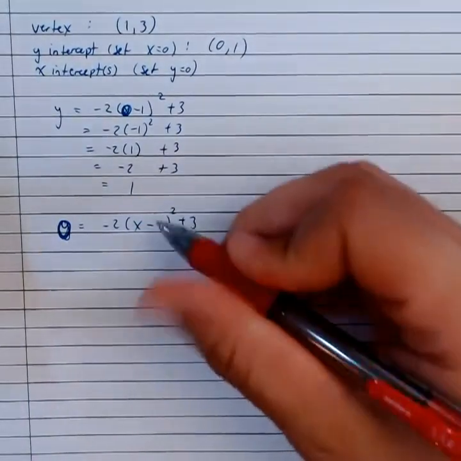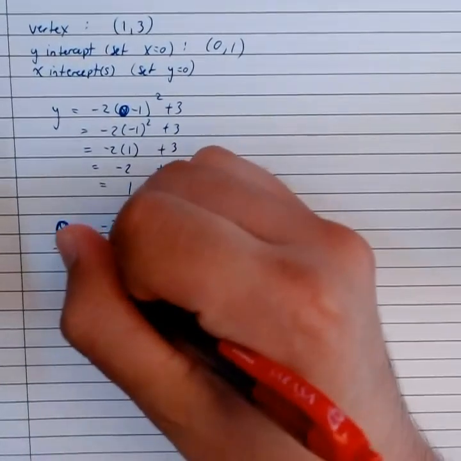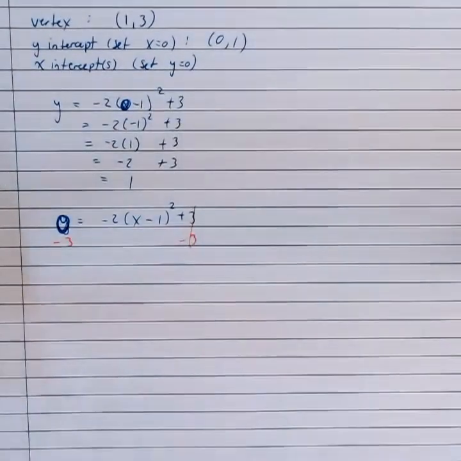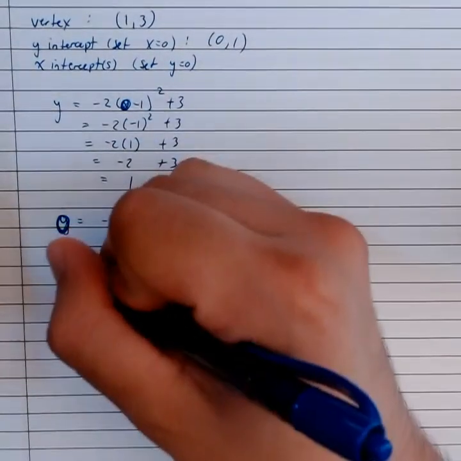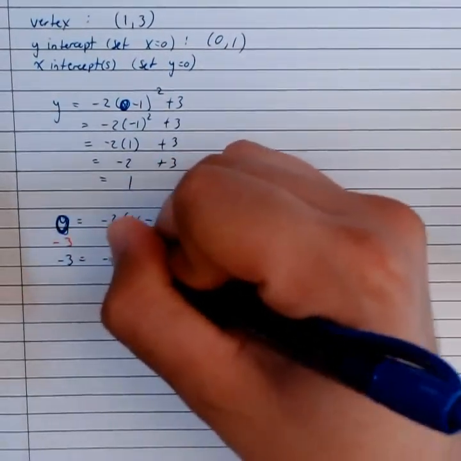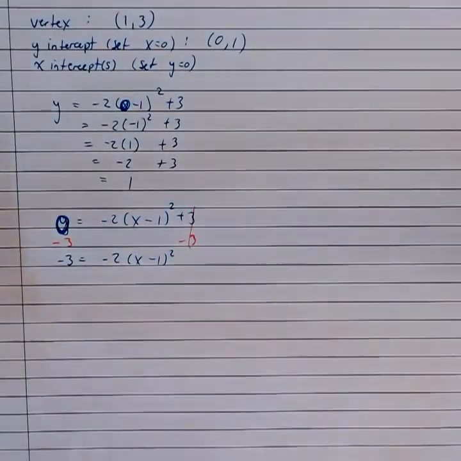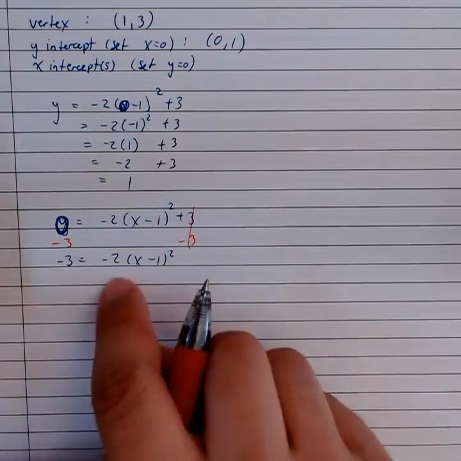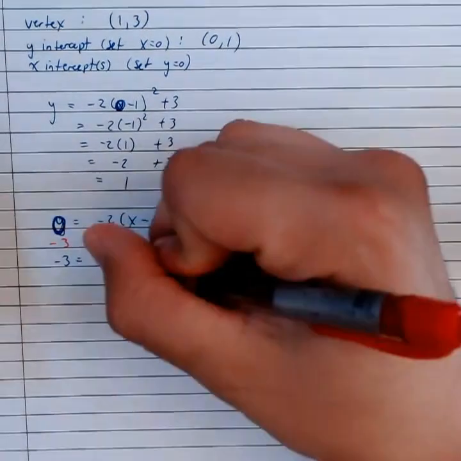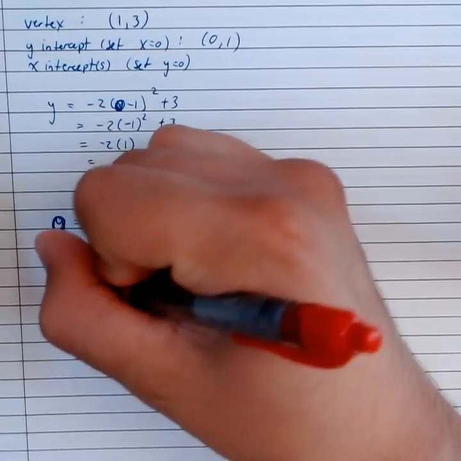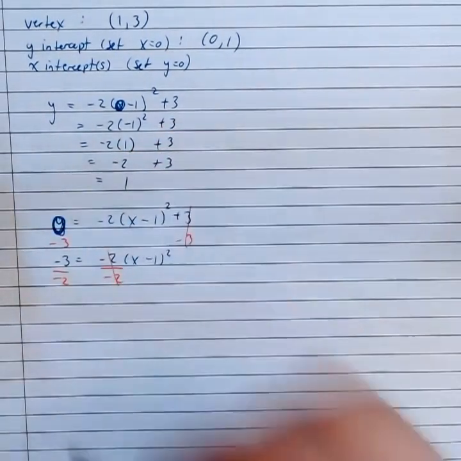Just isolate x. Let's go ahead and subtract 3 from both sides. That makes that go away. So this will give me negative 3 equals negative 2 times (x minus 1) squared. I'm going to divide both sides by negative 2. Again, I'm trying to isolate x, so let's get rid of this part right here. Negative 2, that goes away.